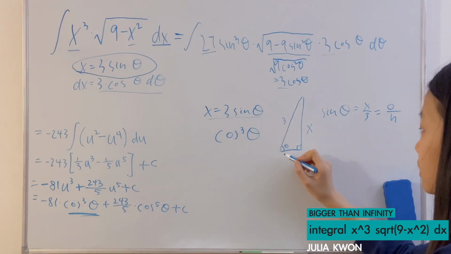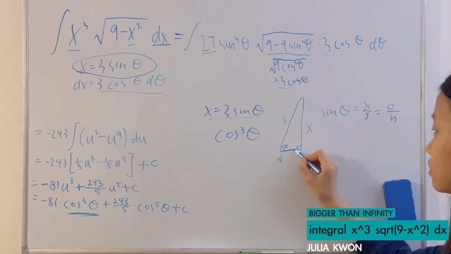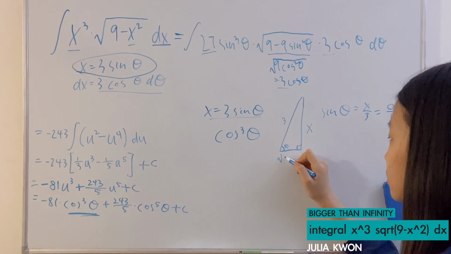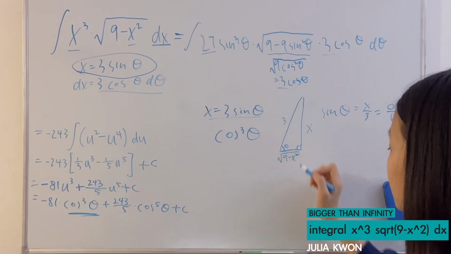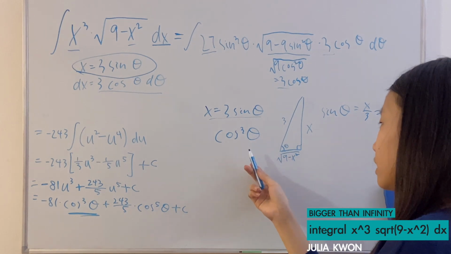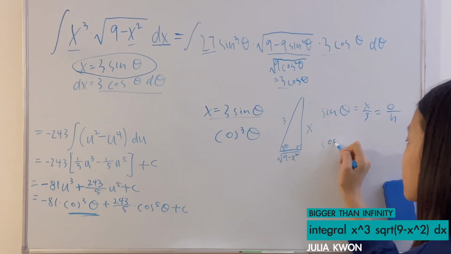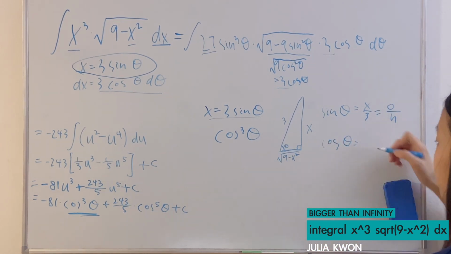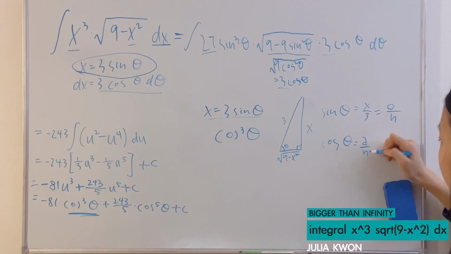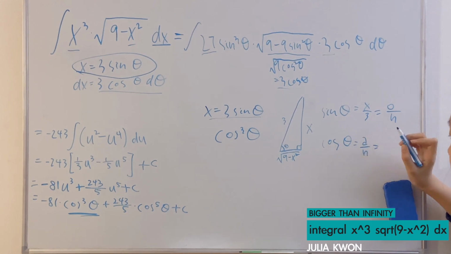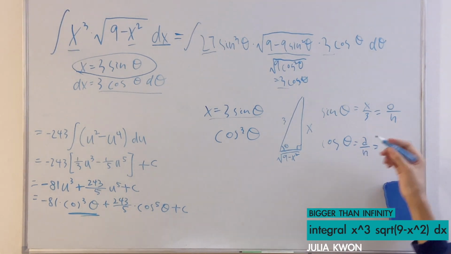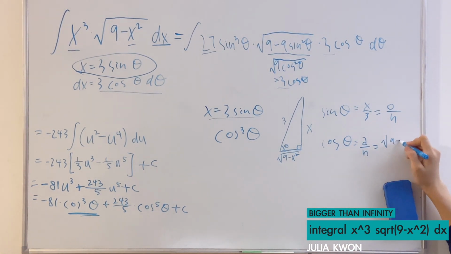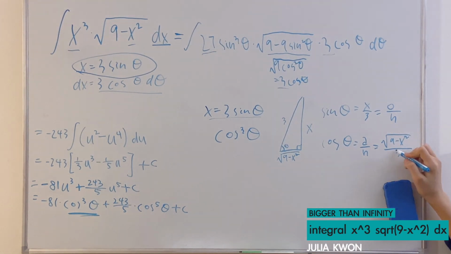Using the Pythagorean theorem, we can find that this adjacent length is equal to the square root of 9 minus x squared. And cosine theta is equal to the adjacent over the hypotenuse. The adjacent is equal to the square root of 9 minus x squared, and the hypotenuse is 3.